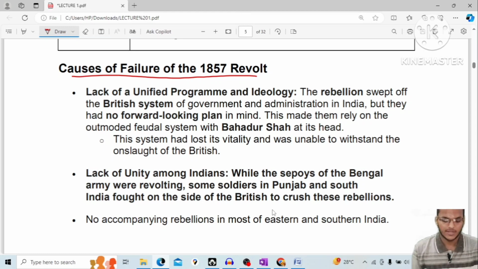That was due to the lack of a unified program and ideology. At that time the Indians were not unified. There was no proper connection or communication between the Indians, and no sharing of the ideology of what we wanted from the revolt. So it led to the failure of the 1857 revolt.